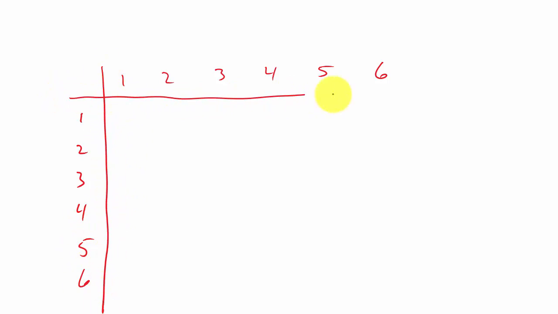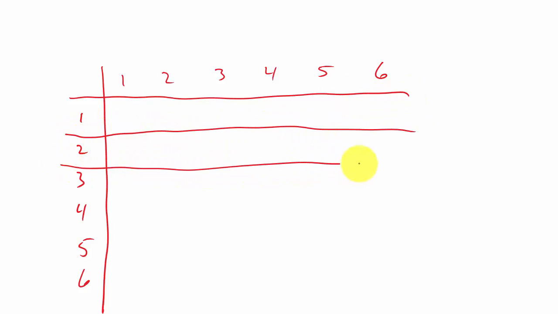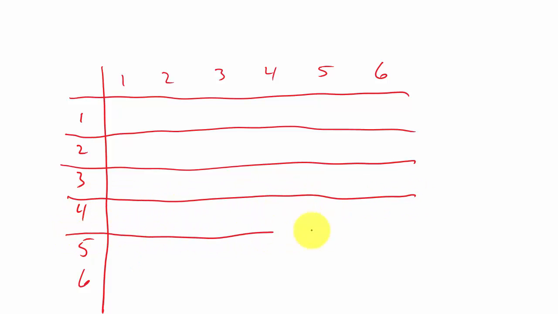So we've got 1, 2, 3, 4, 5, 6. That's 1 die. And then I've got 1, 2, 3, 4, 5, 6. That's another die. Let's make a little table here.